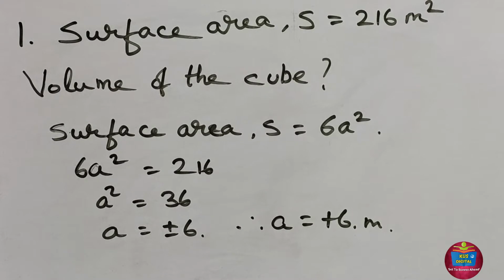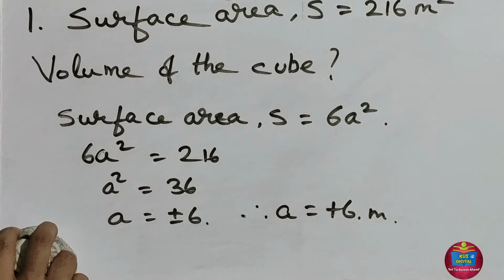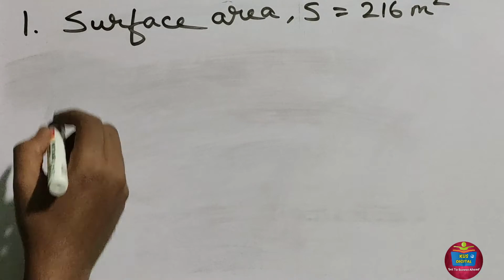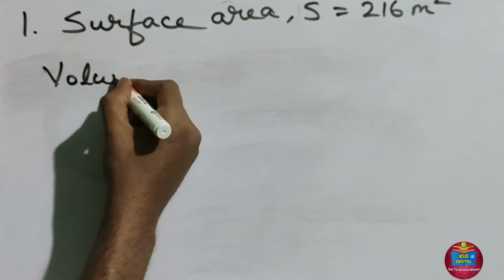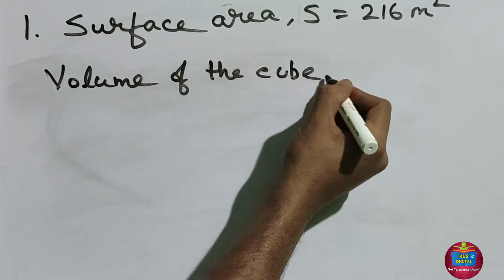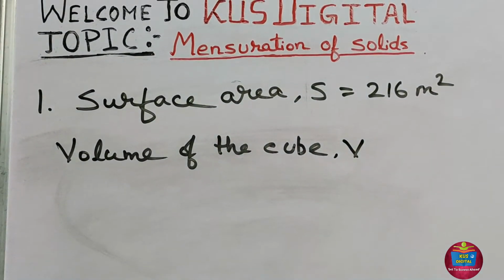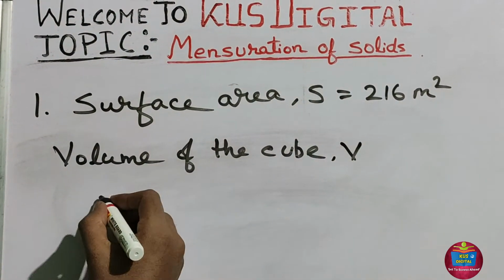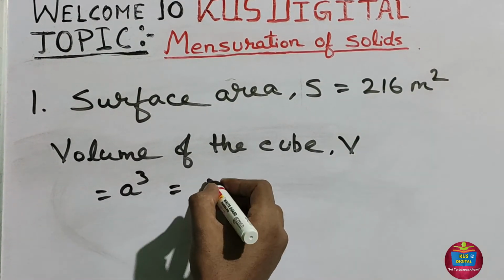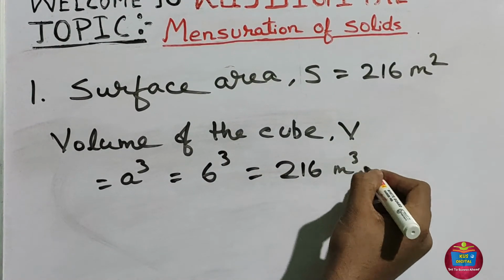So now to find out the volume, we know the formula. The volume of a cube is a cube. So volume of the cube, let it be denoted by V, equals a cube. a is 6, so 6 cube, that means 216 meter cube.